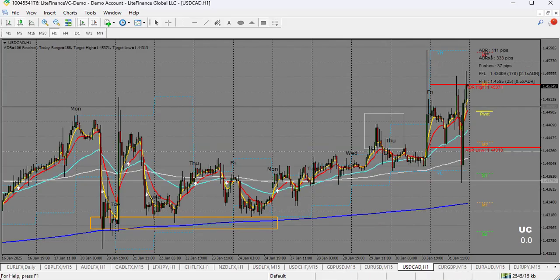Our ADR value is around 111. If you draw our ADR boxes, we have around that 110, 111. That's the first box, then the second and the third.